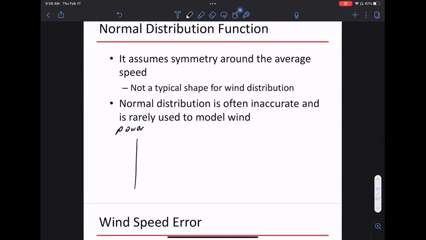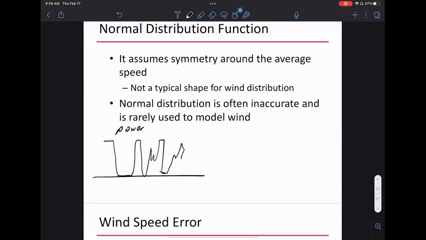If you look at the time trace of wind power, it actually does not stay in the middle a lot. It tends to saturate for a while, then maybe there's no power, then it saturates again.